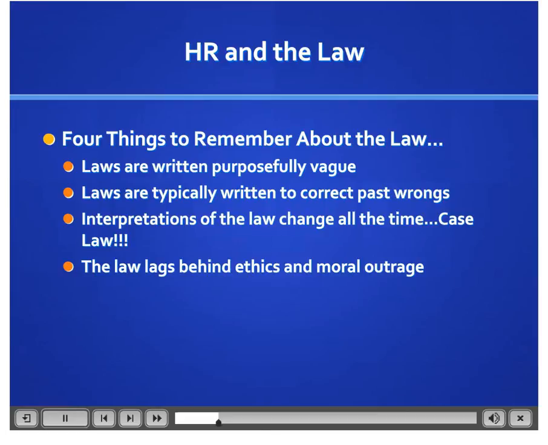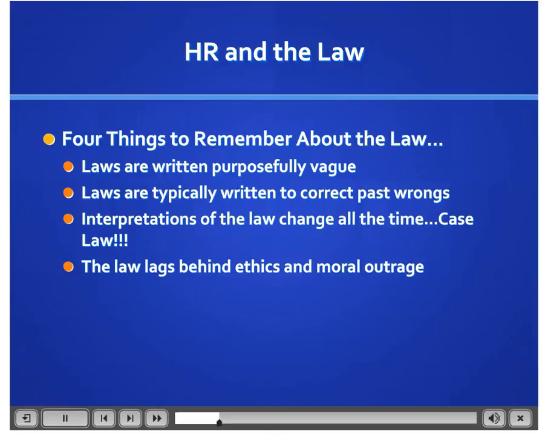And I'll give you some examples of that as we get into it. So recognize that the law is a living, breathing entity, that it changes, and its interpretations change over time, and it's really up to the court system and to Congress to make sure that the integrity of the law and what its intention is stays fairly concrete.